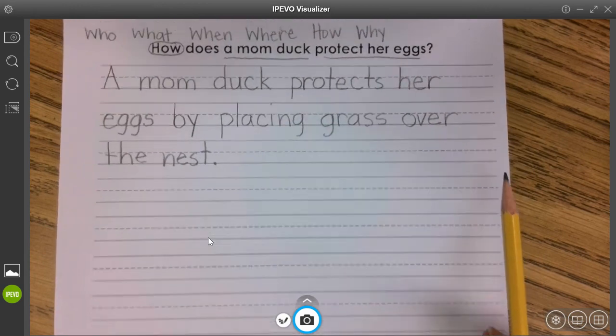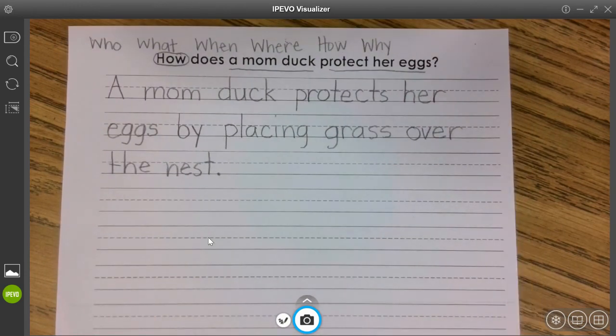Okay, I'm going to go through the checklist I want you to think about as you look at your sentence and fix things if you need to. Okay, look and think. Did you start with a capital? Fix it if you need to. Did you use the correct capitals? In this case, we did not need any other capitals, just the starting capital.